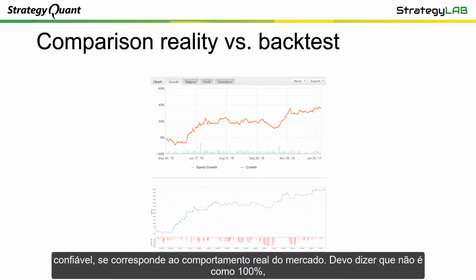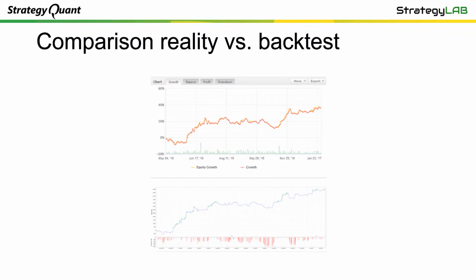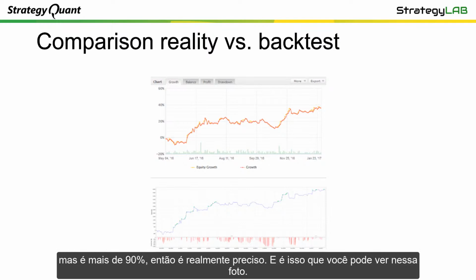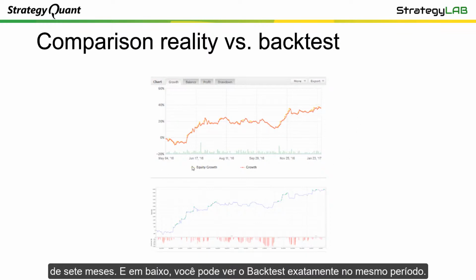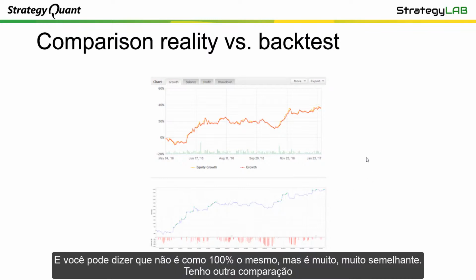I have to say it's not 100%, but it's over 90%, so it is really precise. Which you can see in that picture. This is a portfolio of strategies, how they behaved over a period of about 7 months. And underneath that, you can see the backtest over the exactly same period. And you can tell that it's not 100% the same, but it's very, very similar.